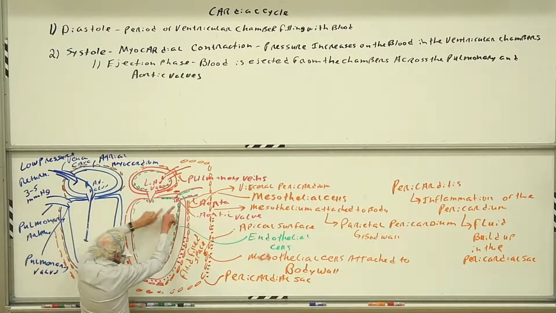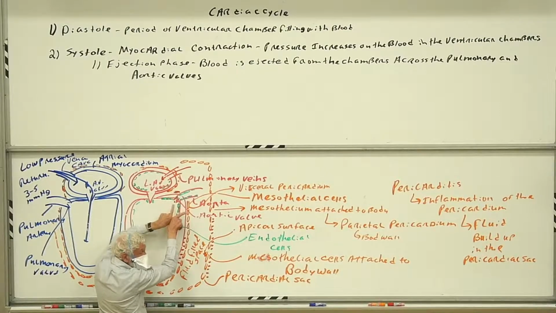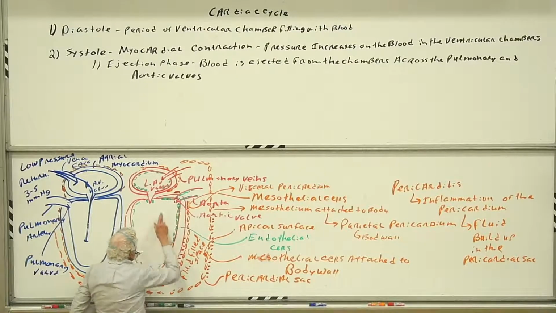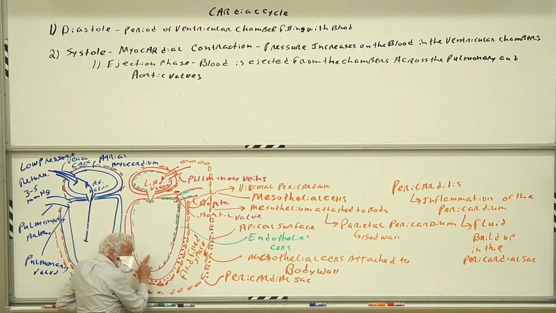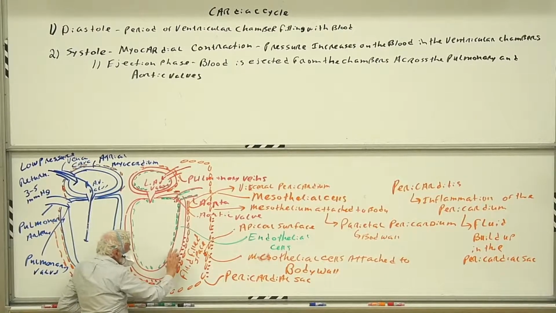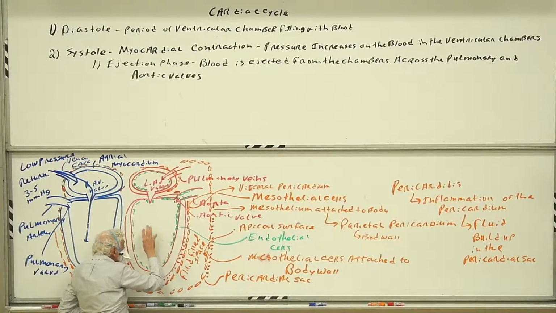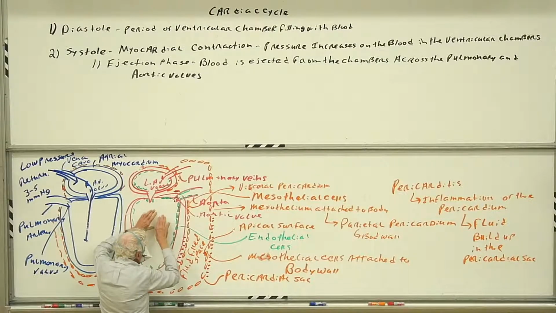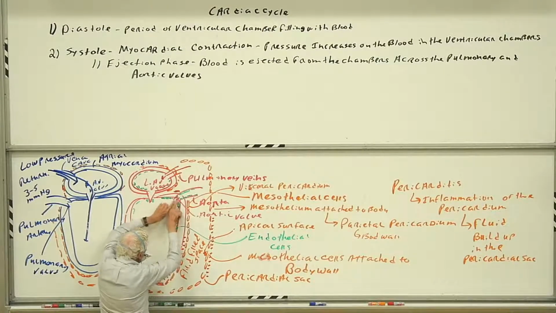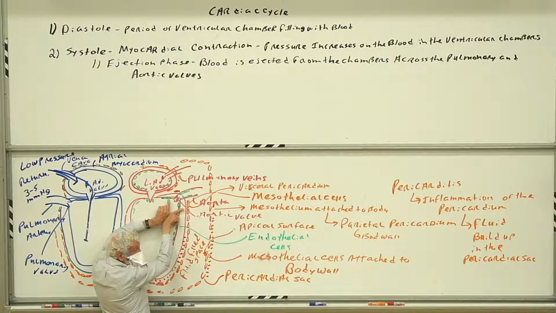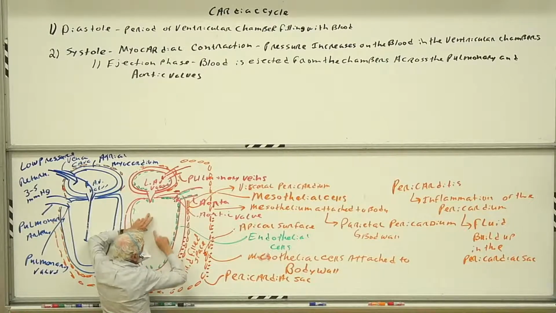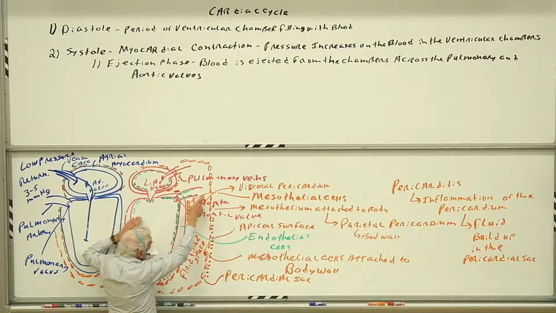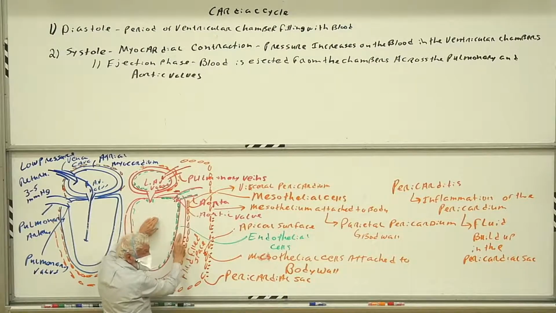That swish occurs after the valves have opened. But there's a delay between the time we fill the ventricles and the contraction builds and pressure builds until there's enough pressure inside the chamber that we snap these valves open. When the valves open, there's the ejection phase, blood leaves, but then the contraction of the ventricular myocardium stops.